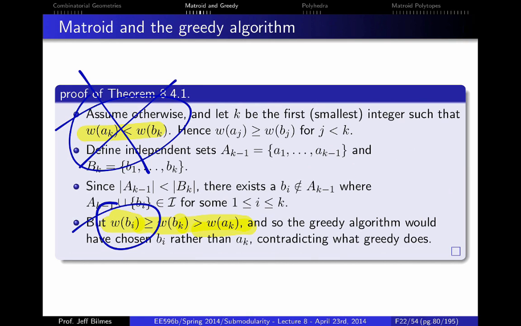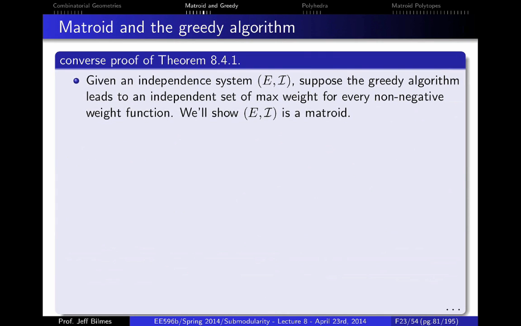And remember, i is going to be less than or equal to K, because we're choosing B sub K. If you look at this, w(B sub K) is the last element, and everything before it is going to be greater than or equal to it. And i is less than or equal to K, so therefore it's greater than or equal to it in B, because we've ordered it.